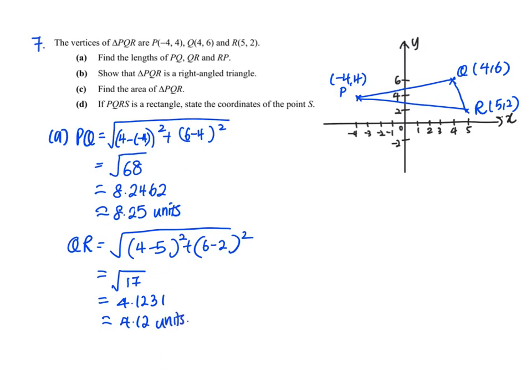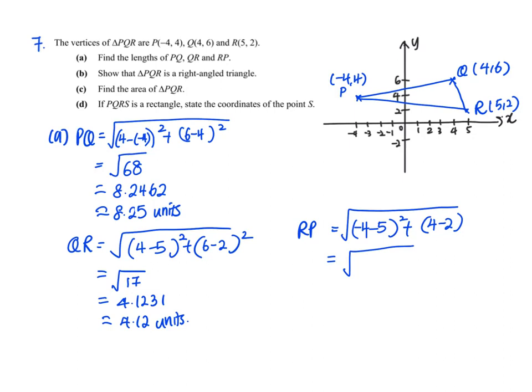Right, and then I will need to find PR as well. PR, or RP actually, not PR. RP. So RP will be square root of y2 minus y1, 4 minus 2, x2 minus x1, negative 4 minus 5. So like I mentioned, we'll need to use the numbers later, so I try to put the exact value in my question over here.